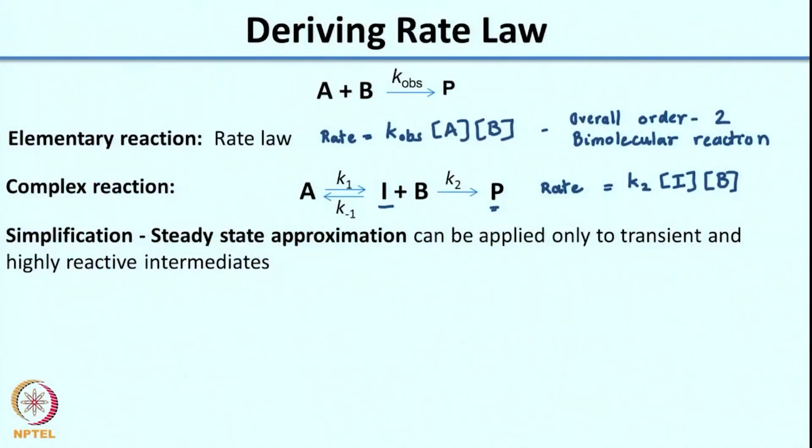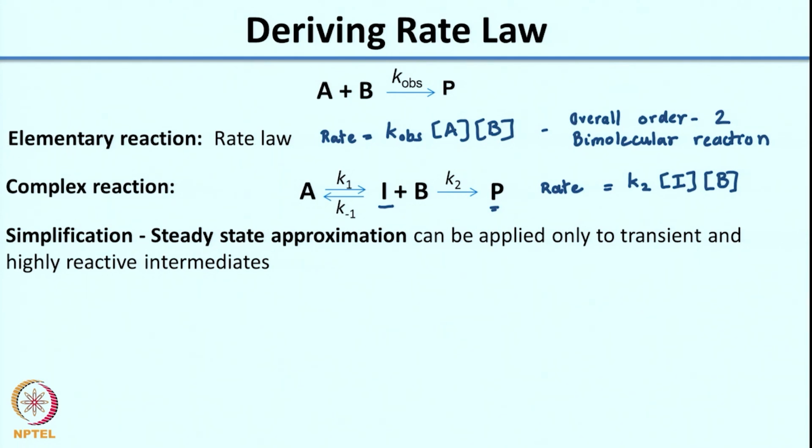So, what do we do in complex situations like this? So, a simplification is what is known as a steady state approximation, and remember the steady state approximation can be applied only to intermediates or transient and highly reactive species.